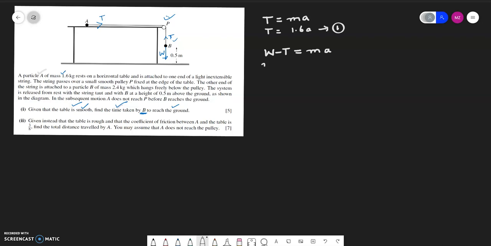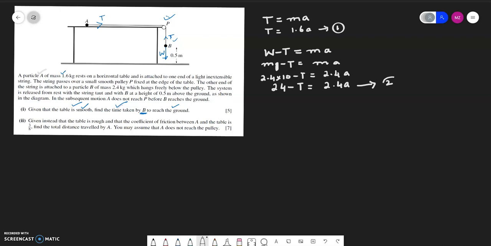So W, we know that it is mg, minus T is equal to ma. What is the mass of this particle B? That is 2.4. So 2.4 times g, where g is 10, minus T is equal to 2.4a, and this will become 24 minus T is equal to 2.4a. This is our second equation.